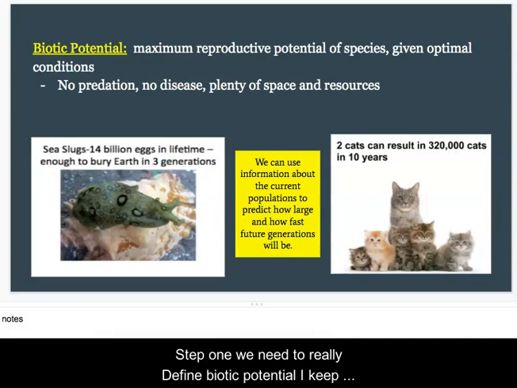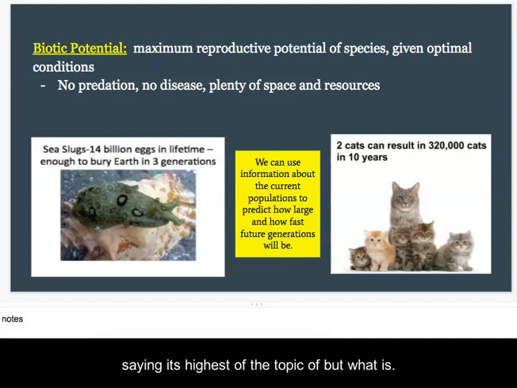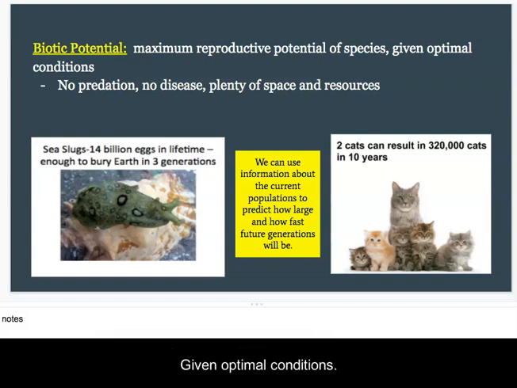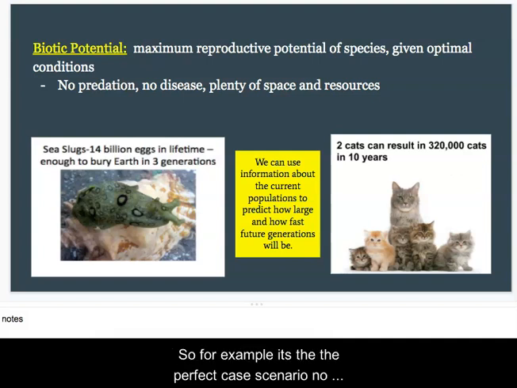Step 1, we need to really define biotic potential. I keep saying it ties to the topic of, but what is it? Biotic potential is the maximum reproductive potential of a species, given optimal conditions. So, for example, it's the perfect case scenario, no obstacles.